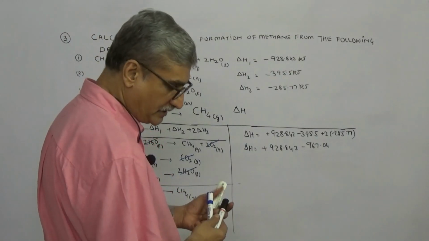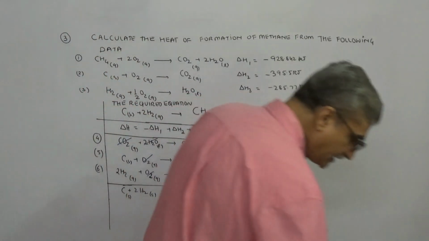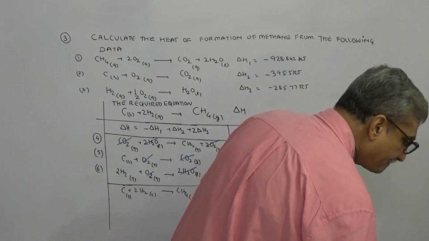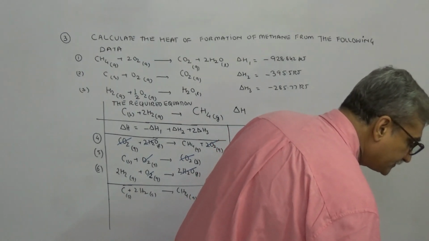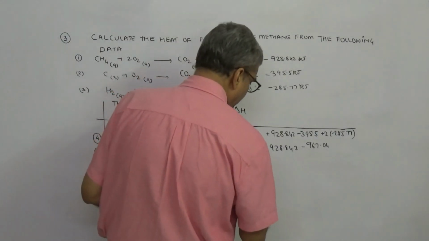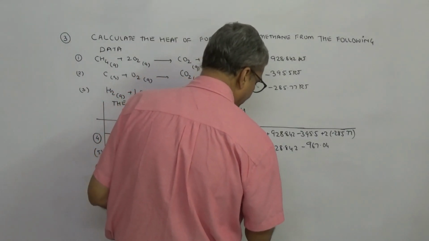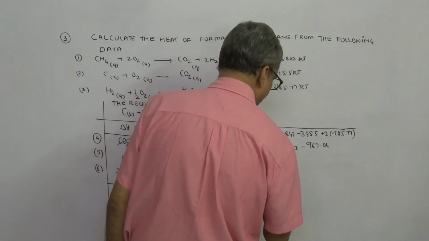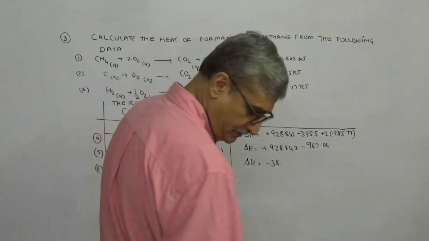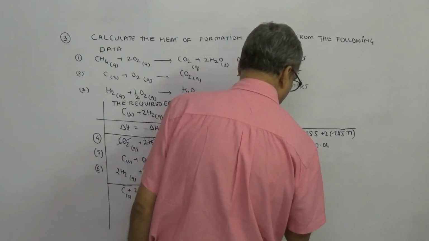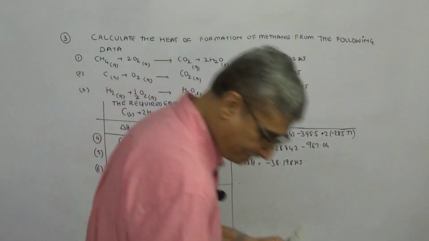So this value will be minus. So delta H value therefore will be minus 38.198 kilojoule. Let's check the answer once again.